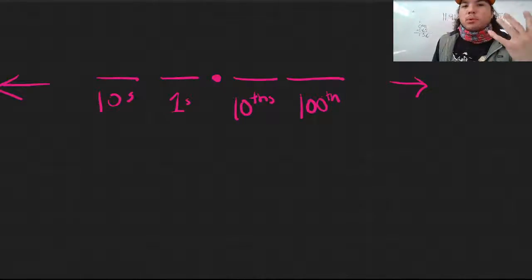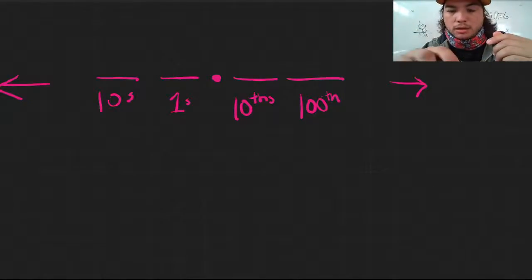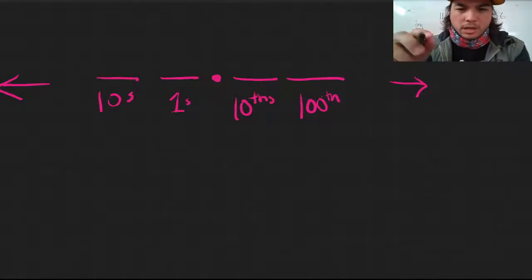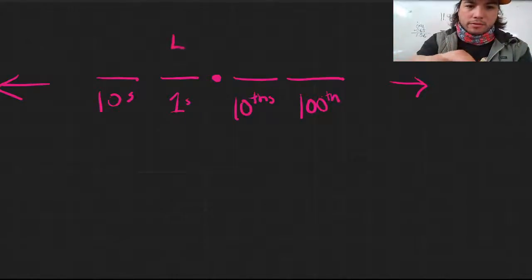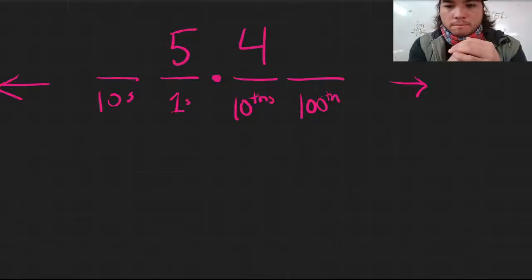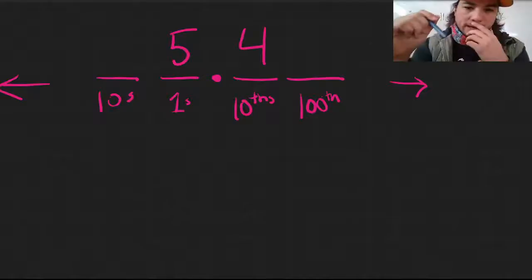So the important thing to note when you're naming and being able to identify decimals is knowing what place in your number has value. Okay, so if we have something like 5.4, what value would go in the hundredths place then?